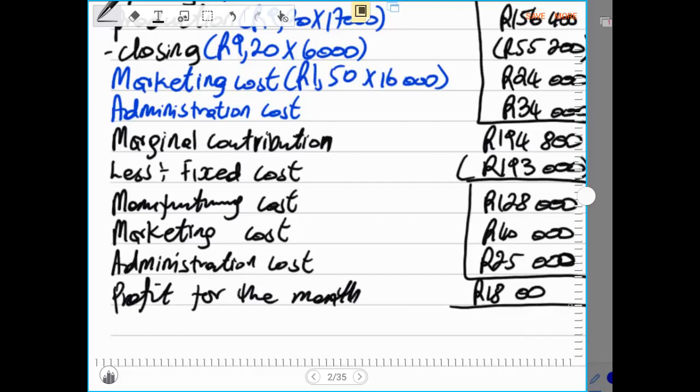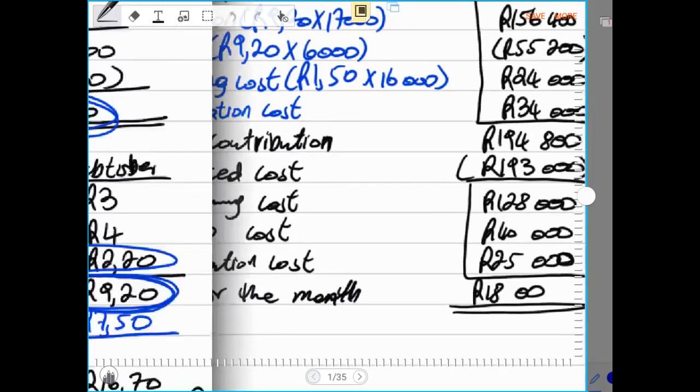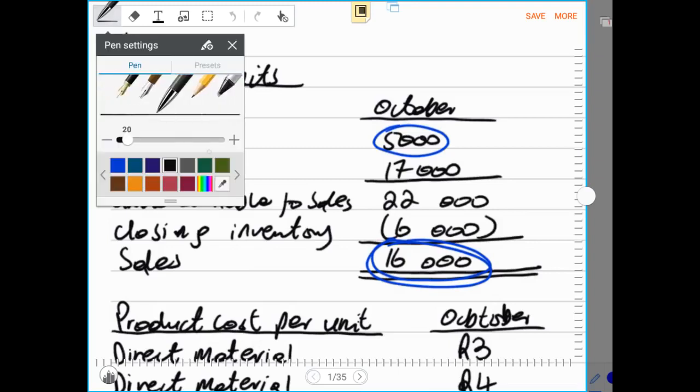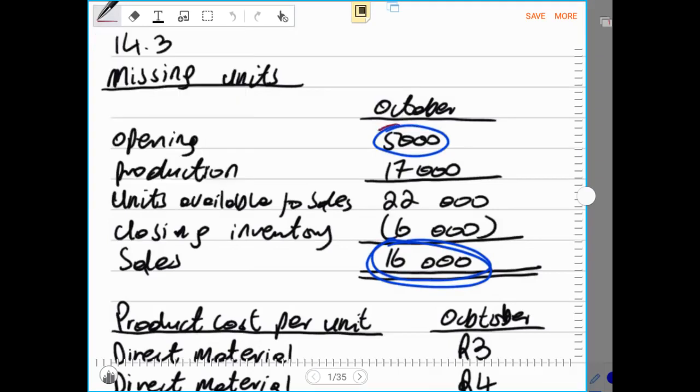Now don't forget the Cotton rule. The Cotton rule says that if the opening inventory is less than the closing inventory, then absorption profit will be higher than the marginal profit. And our opening inventory is less than the closing inventory.